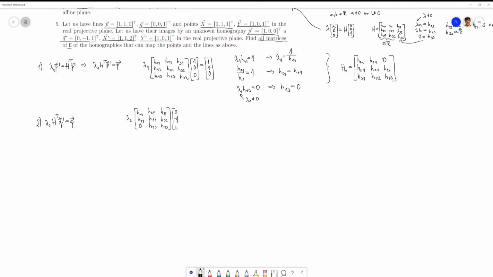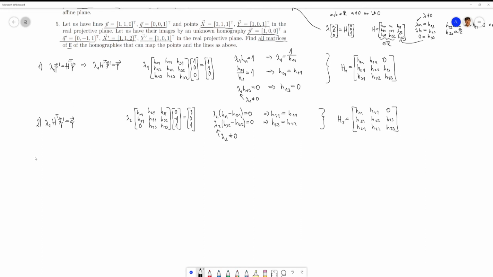And we also know that lambda 2 is again a non-zero value. Therefore the values in the brackets have to be equal to 0, so h31 equals h21 and h32 equals h22. So the final homography matrix from these constraints, let's call it H2, is composed of h11, h21, h21, h11, h22, h22, and 0, h23, h33.